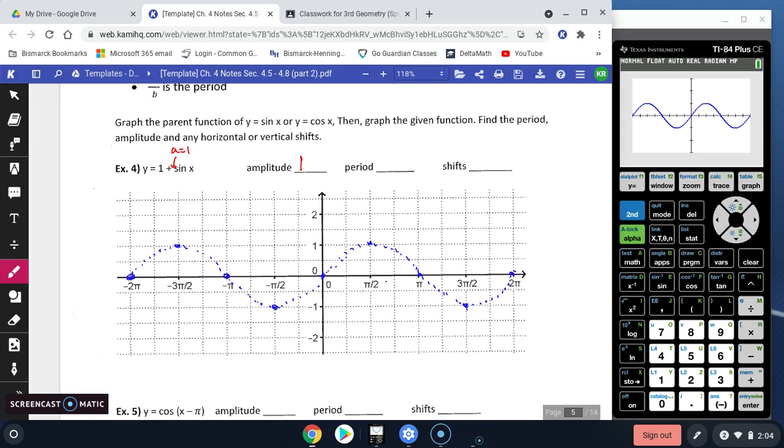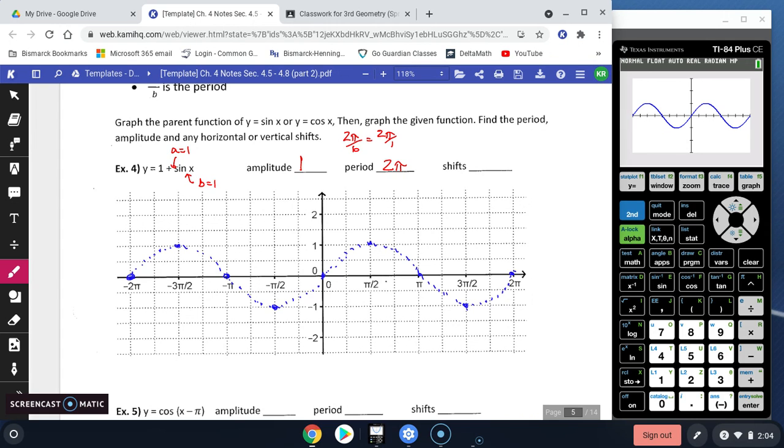It'll still be from positive 1 to negative 1. The period comes from your b, which is your coefficient in front of your x. For this equation, b is just 1. So the period for sine is 2 pi divided by b, which is 2 pi divided by 1, so the period is just 2 pi. The amplitude is going to be the same, and the period is going to be the same.